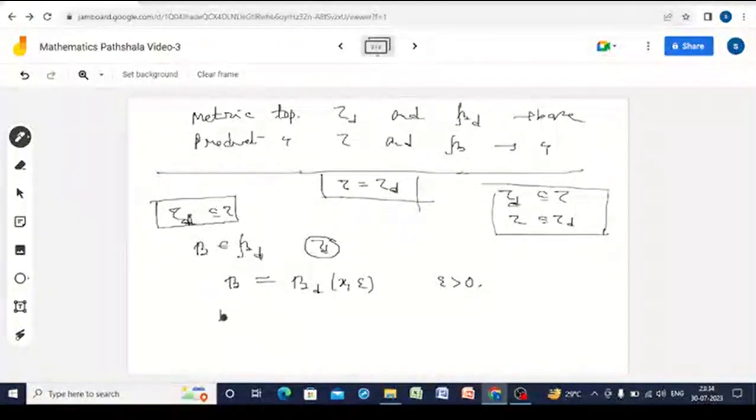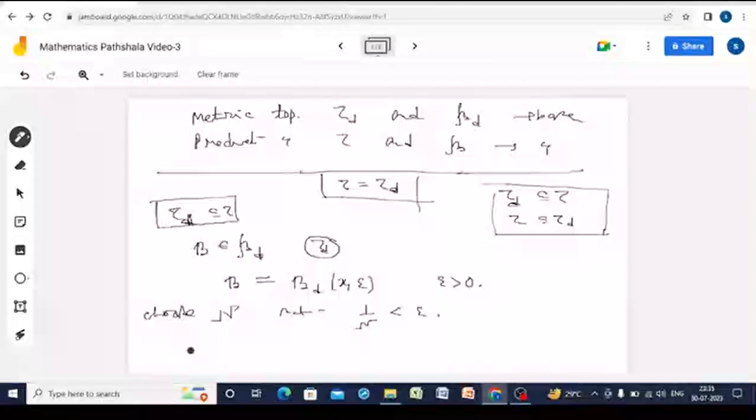Now choose n large enough such that 1 by n less than epsilon. We can choose such n by Archimedean property.